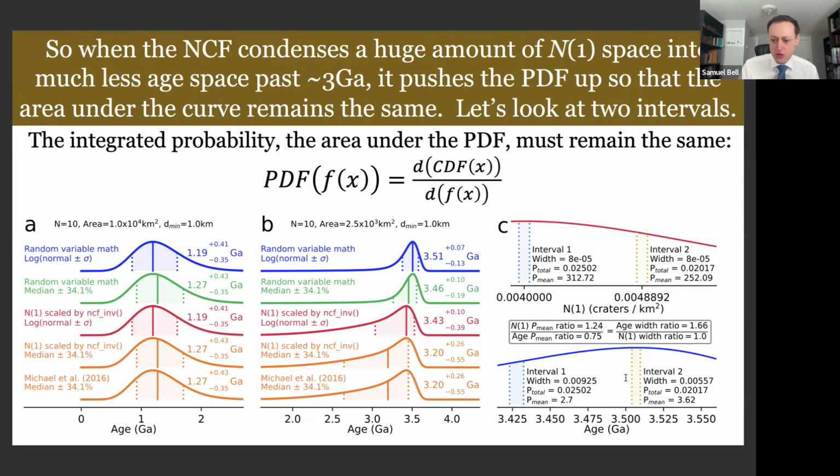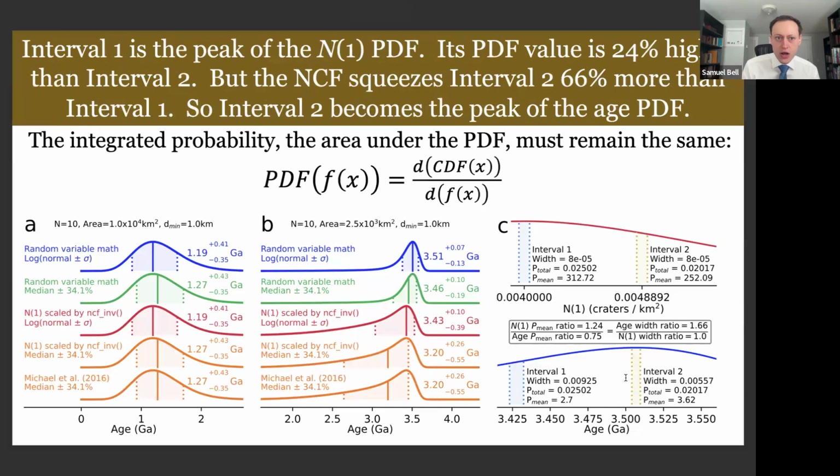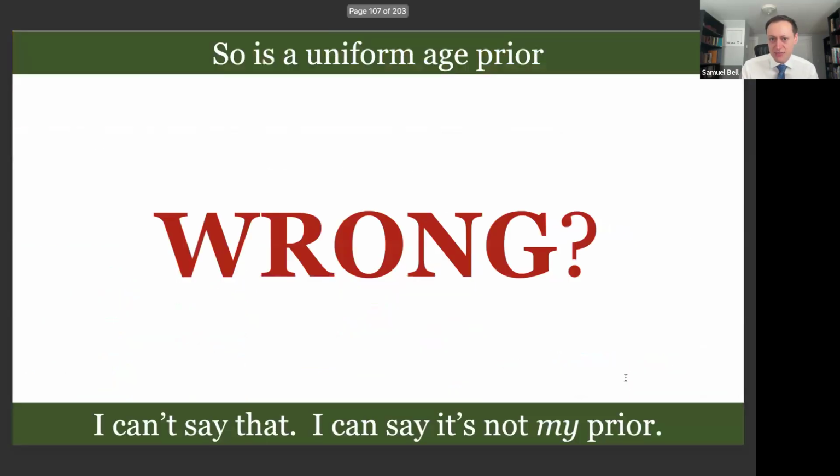Let's look at 2 intervals. Interval 1 is the peak of the n of 1 PDF. Its PDF value is 24% higher than interval 2, but the NCF squeezes interval 2 66% more than interval 1. So interval 2 becomes the peak of the age PDF.